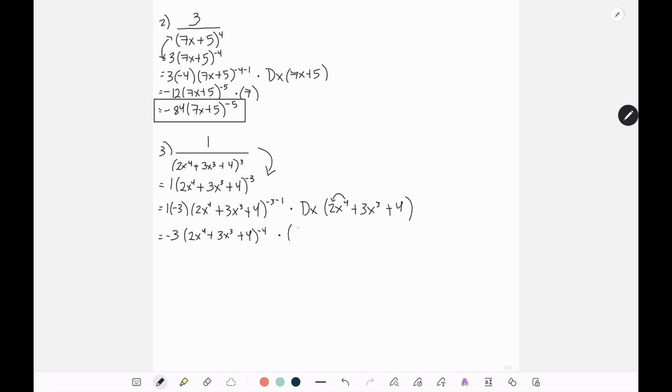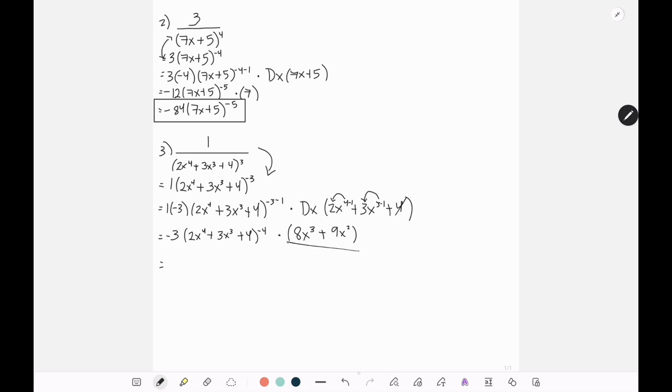So it will be 8. 8 and then x, and then 4 minus 1, it will be 3. Next. So 3 times 3 is 9. X, so 3 minus 1, it will be 2. And then sa 4, mawawala na siya.